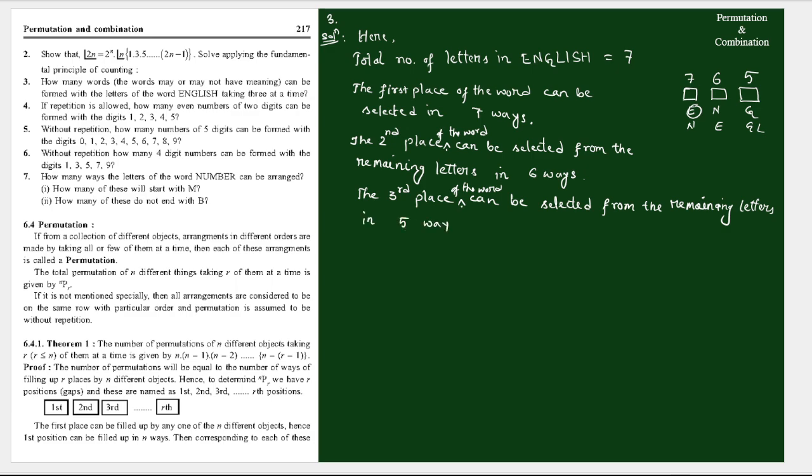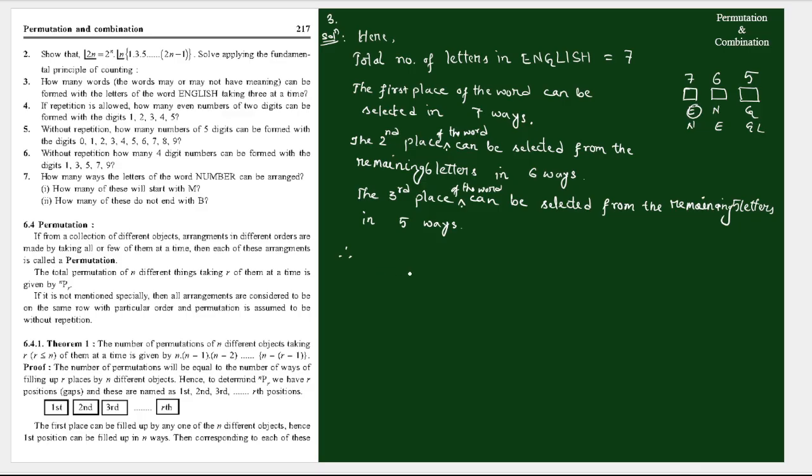Five ways. You can mention the remaining letters also: from the remaining six letters, from the remaining five letters, in five ways.